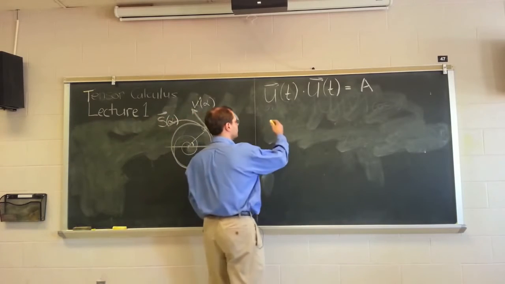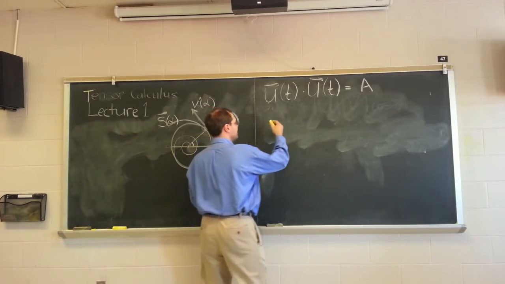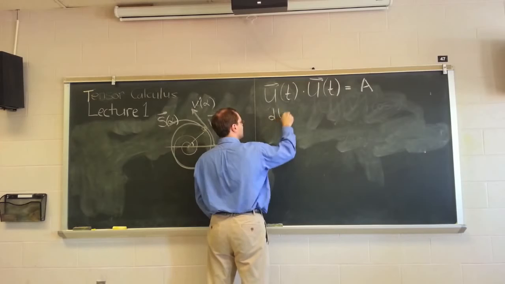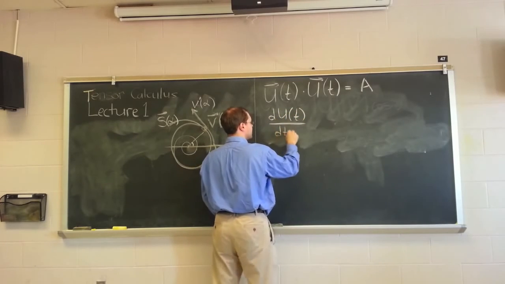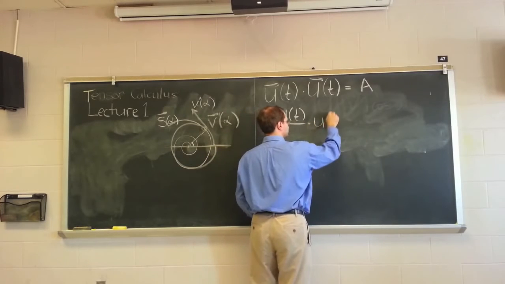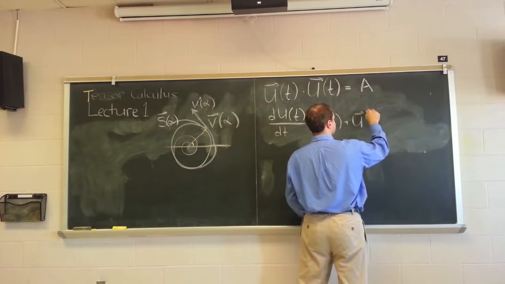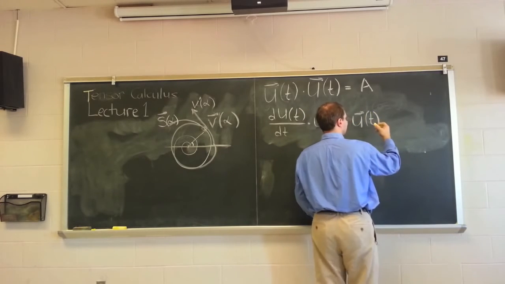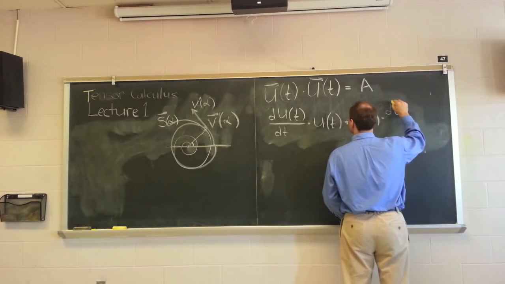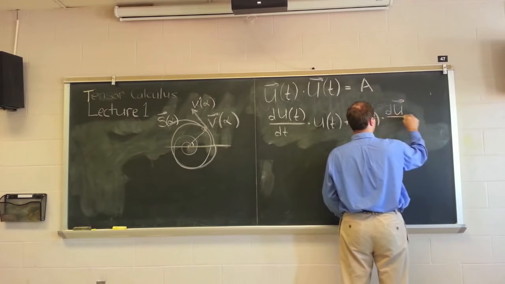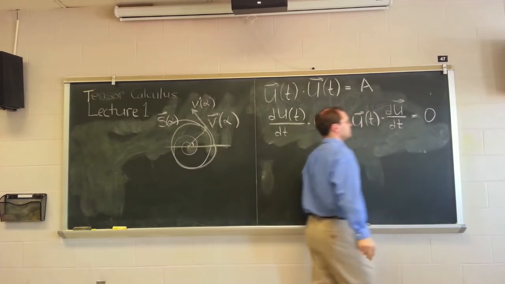So the derivative of the right-hand side is 0. But the derivative of the left-hand side is du/dt dotted with u, plus u of t dotted with du/dt. And the right-hand side is 0.